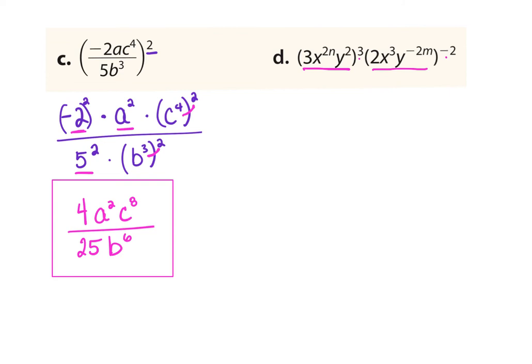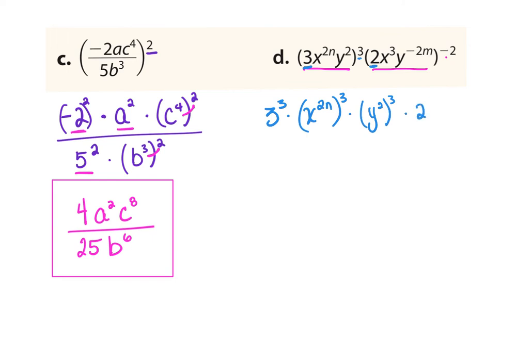We're going to say we have 3 and it is to the third power. I have x to the 2n, and that is to the third power. And I have y squared to the third power. So I'm done with that first group for now. Then I'm going to do the second group. I have a 2.